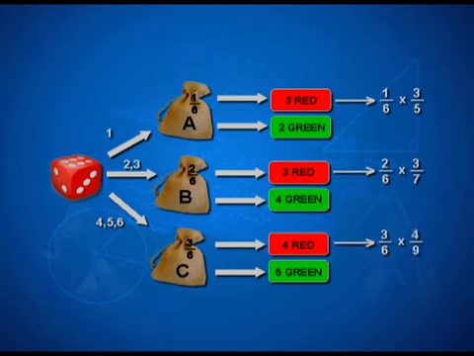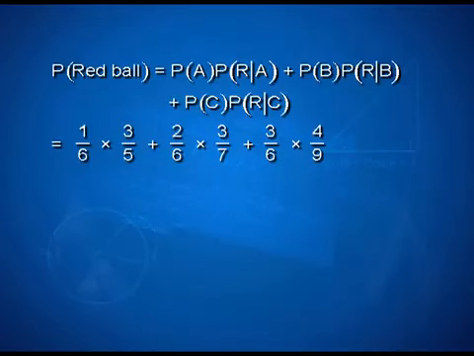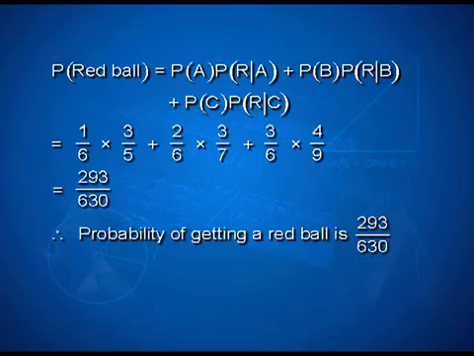And therefore, the total probability of the red ball is same as per the expression here, which individually has been evaluated, and if you plug in the values of each of these corresponding probabilities, you get the final answer, and therefore, the probability of red ball is 293 over 630.